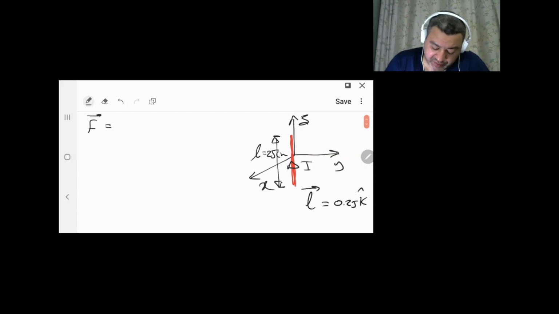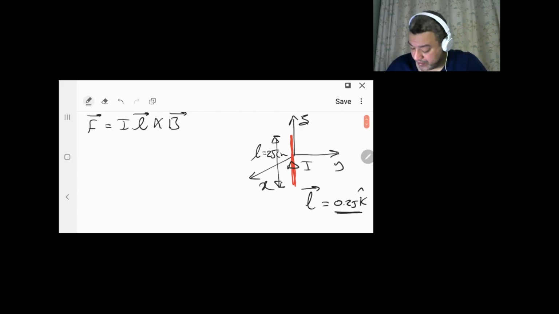Then if I put the equation for the magnetic force, that is I L vector cross B vector, then my L now is 0.25 K and my current is 9 ampere. 9 times 0.25, 2.25.